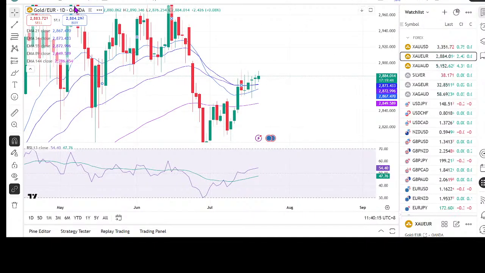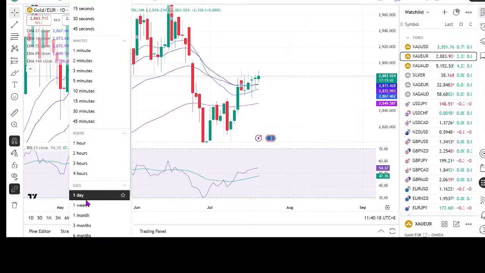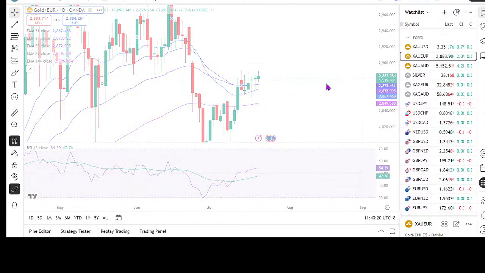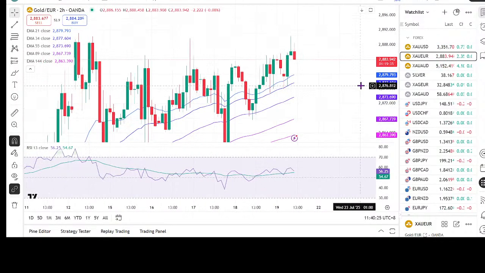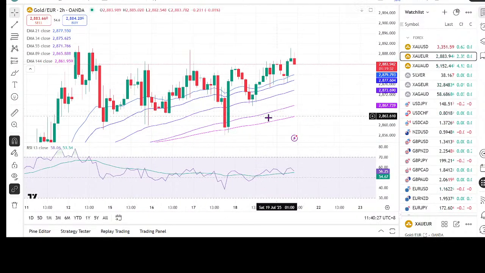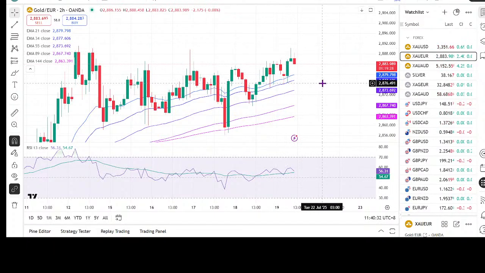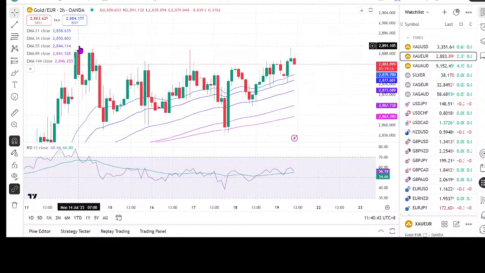So to give us confirmation or confidence, let's look at the 2 hour, then we see how this is trading. Okay, the 2 hour is indicating that the market is struggling to go up. So we will try to go for a day buy at 2870 and exit at 2900. So that is going to be a day buy.